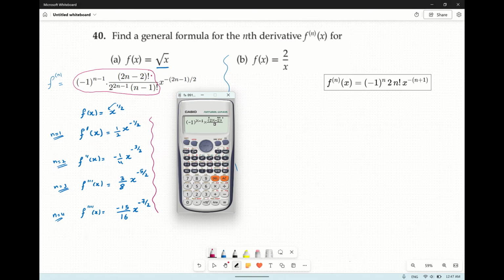Now this exclamation mark is factorial. How do you get this? You click shift, then this one, over 2 to the power 2x minus 1 multiplied by x minus 1 and then factorial, and then I click calculate when x is 1, which means n is 1. So what do I get?